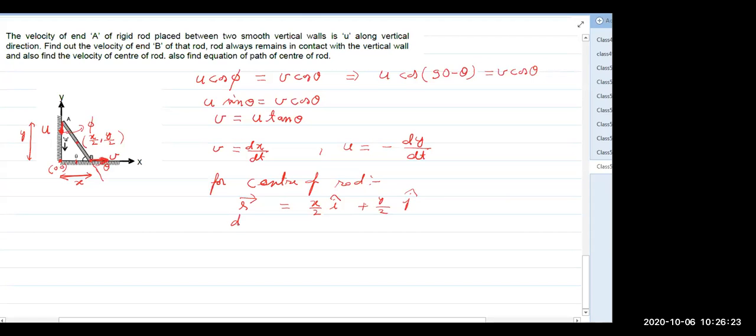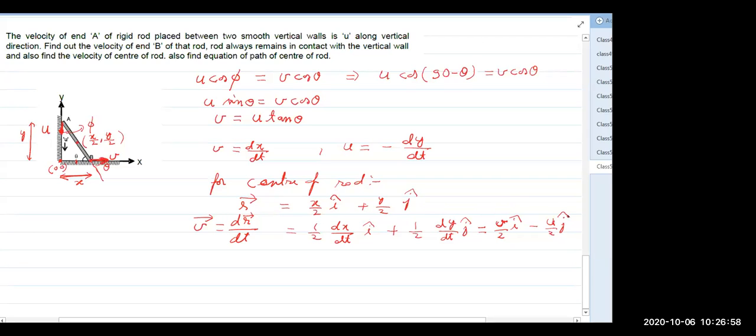If you take its differentiation, the speed of the center will be half dx by dt i cap plus half dy by dt j cap. dx by dt is V, so V by 2 i cap, and dy by dt is u, so u by 2 j cap. So this much we are getting.